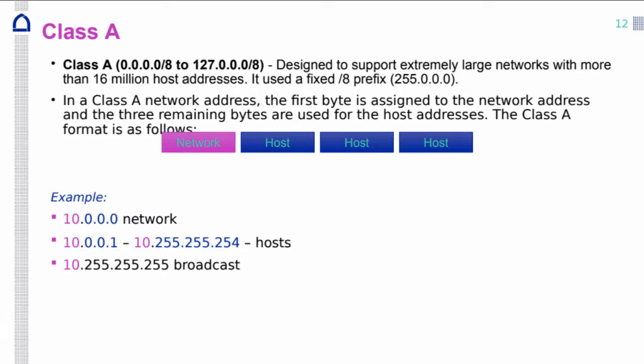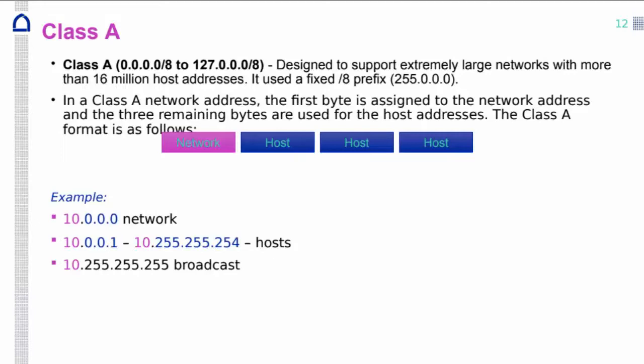In a class A network address, the first byte is assigned to the network address, and the 3 remaining bytes are used for the host address. So it is network, host, host, host. For example, 10.0.0.0, and this is the network ID, and the hosts are .0.0.1 up to 255.255.254.